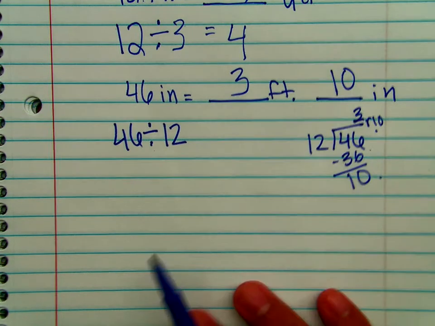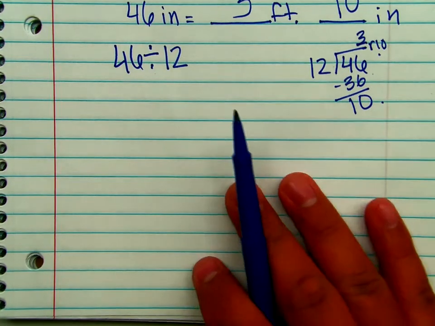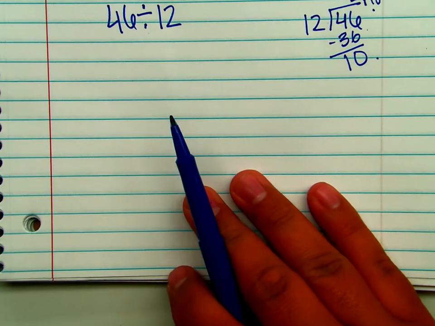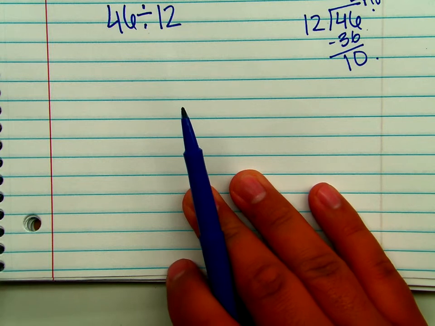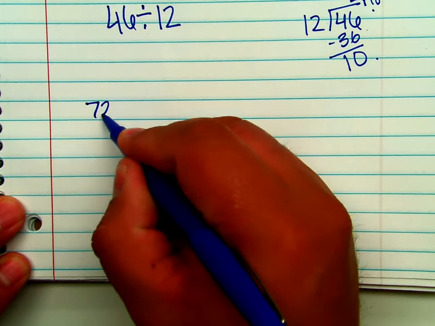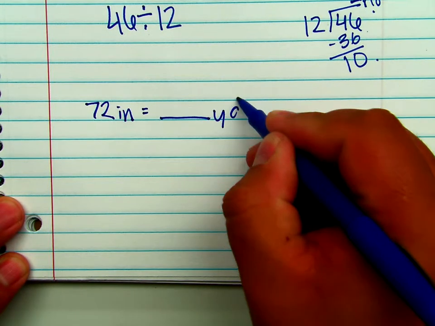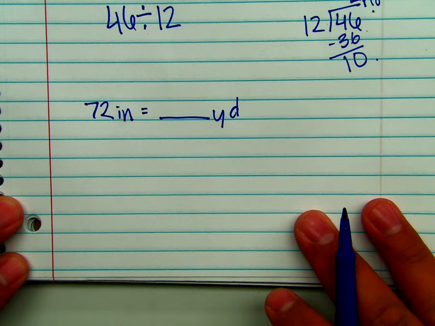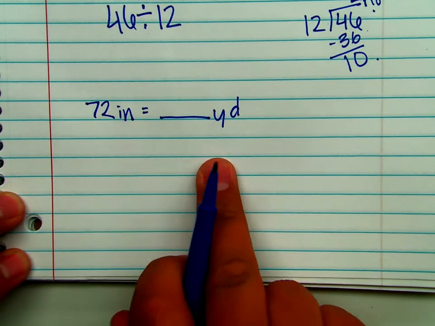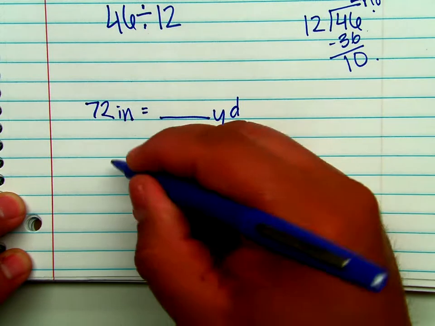Right? Perfect. Now, let's do one a little bit more complicated than that. Let's do 72 inches equals how many yards? 72 inches. I'm going from inches to yards, which means I'm going smaller to bigger. That's going to be another division.